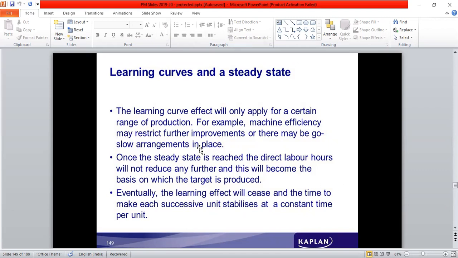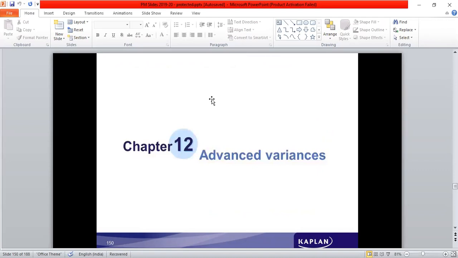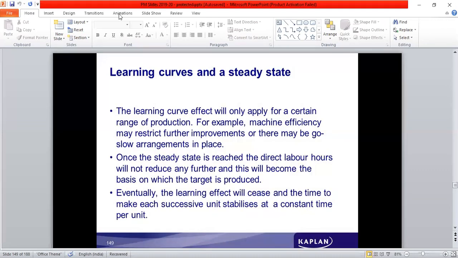Only once the steady state is reached, the direct labor hours will not reduce any further, and this will become the basis on which the target is produced. Eventually, the learning effect will cease, and the time to make successive units stabilizes at a constant time per unit. Let's go to the exam kit and take up the questions on learning curve analysis.